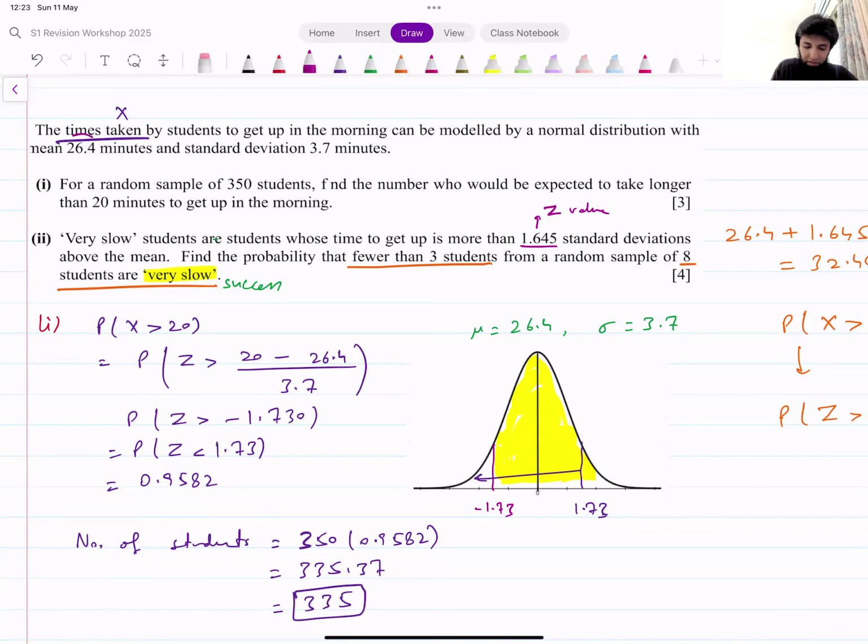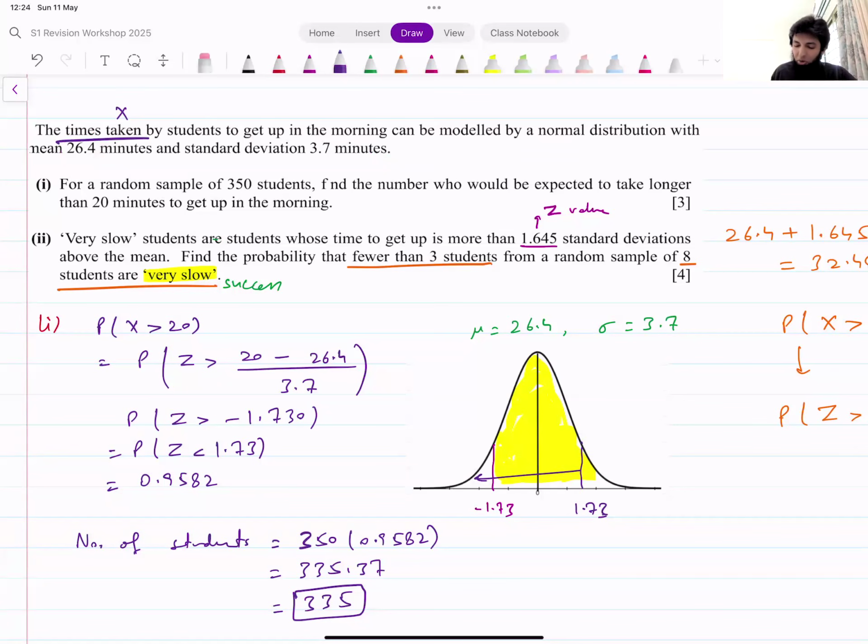Now, this is the mean, 26.4. So you'll say 26.4 plus 1.645 times 3.7, which is the standard deviation. X has to be greater than this. But a direct way of doing that is, when they talk about standard deviations away from the mean, you could do it directly like this.